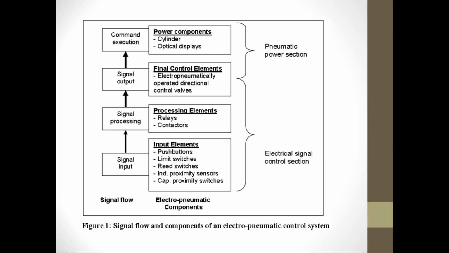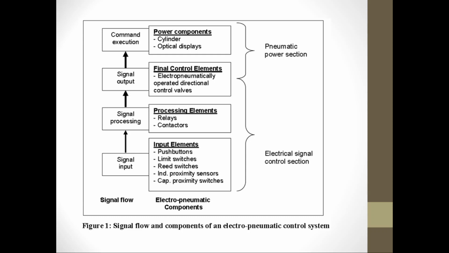When the directional valves are turned off, they stop the passage of air flowing from the compressed air source to the pneumatic cylinders.